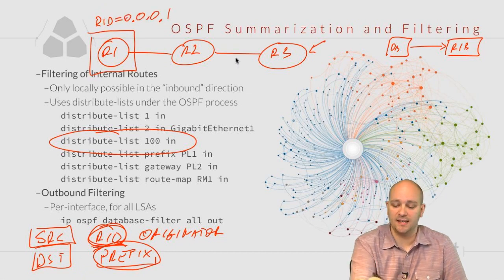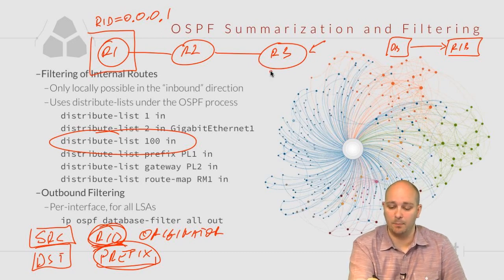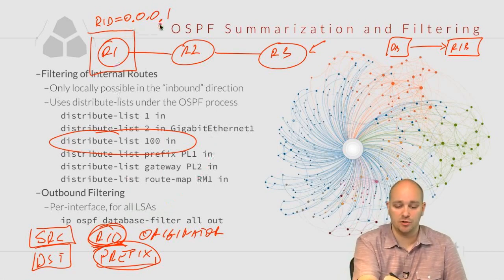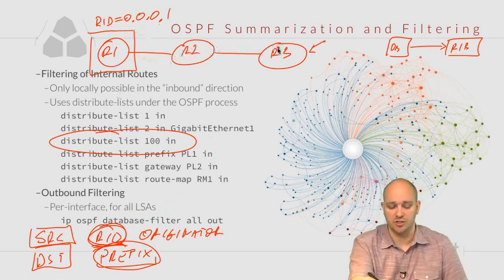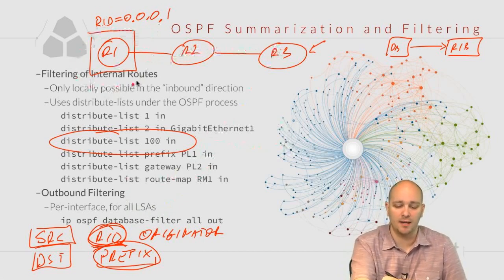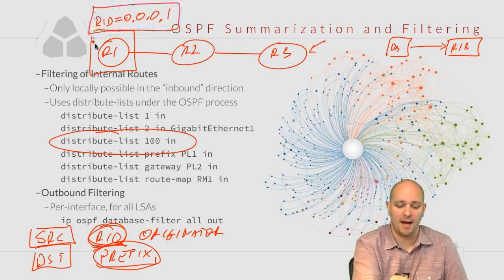So what we would say here on this router that is applied on R3, we would say distribute list 100 in, and then we would say access list 100, say deny host 0001.00000, and then any. That basically means deny any routes that were actually originated by R1.